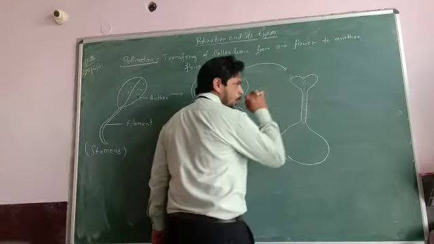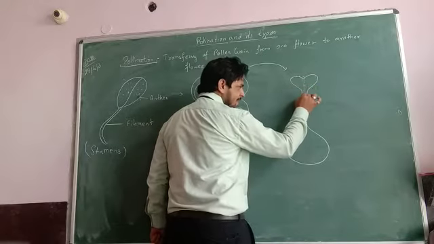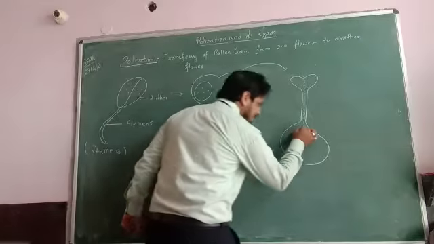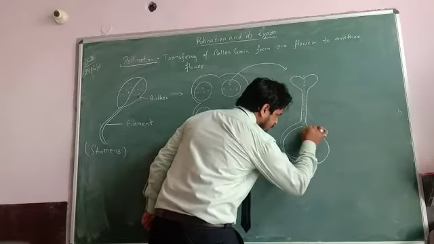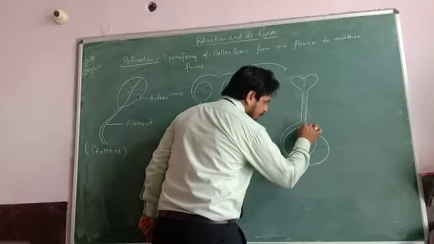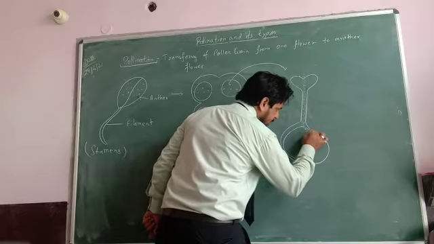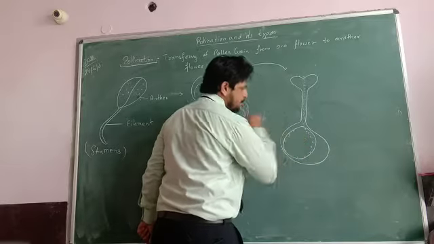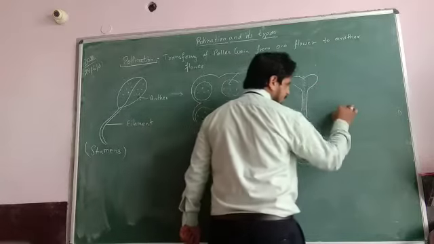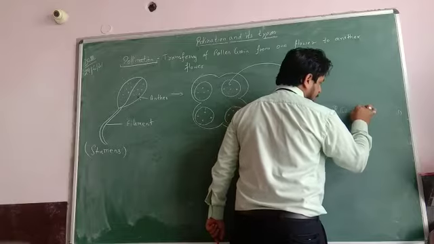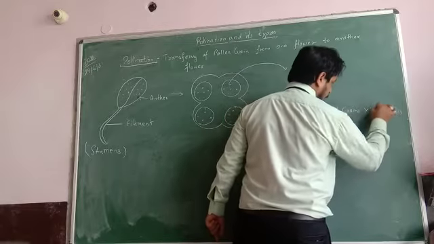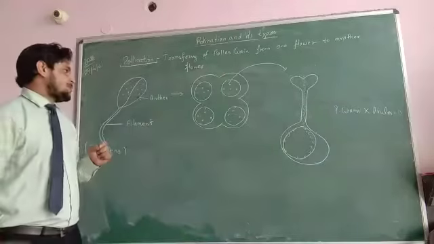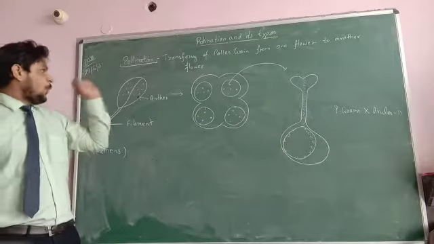With the help of the pollen tube, the pollen grains enter the female reproductive part, that is the ovary, which also contains ovules. The pollen grains fuse with the ovules, and fertilization takes place.